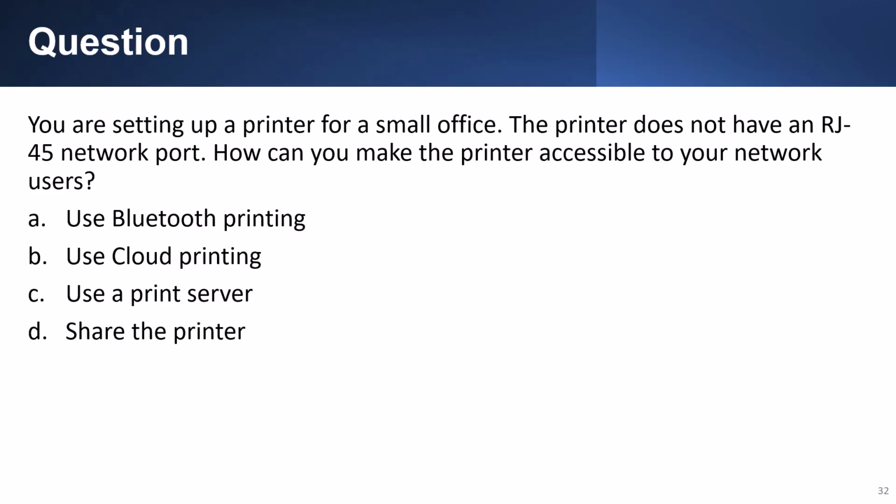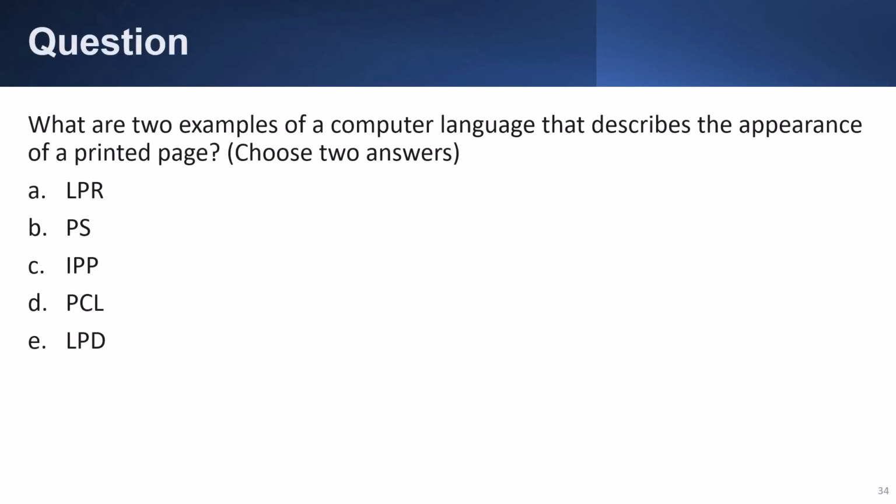Question: you're setting up a printer for a small office. The printer does not have an RJ45 network port. How can you make the printer accessible to your network users? Answer: share the printer. Question: what are two examples of a computer language that describes the appearance of a printed page? Choose two answers.